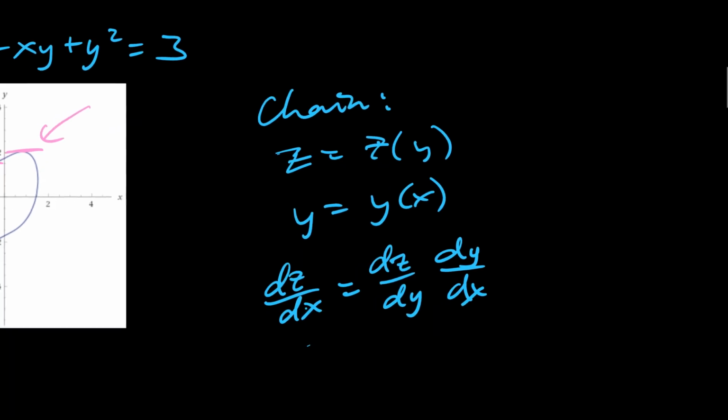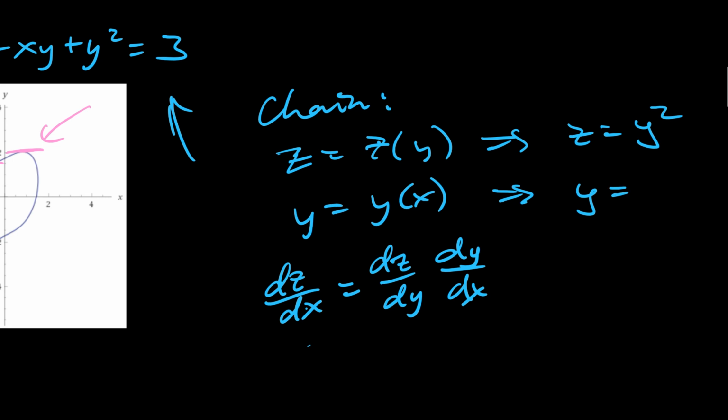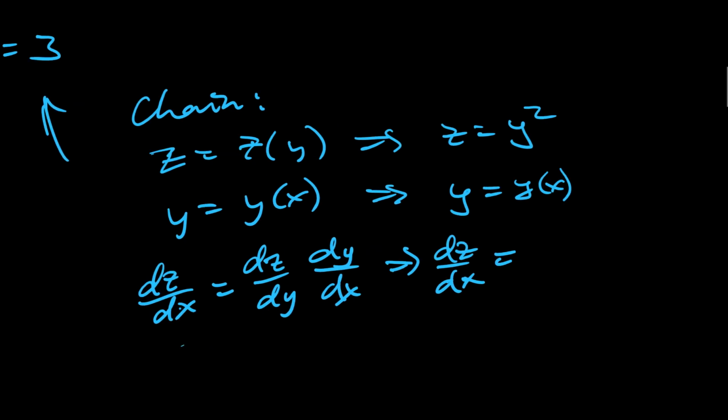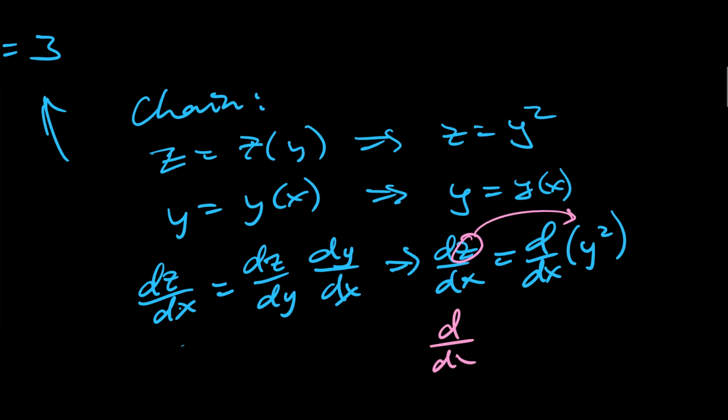So for example, and we're going to do that in this problem up here, you could have z equals y squared, and then y is, you don't know what it is, so y is just a function of x. So dz dx is the same thing as saying the derivative with respect to x of y squared, because z is y squared, because this dz dx can be written as d dx of z.